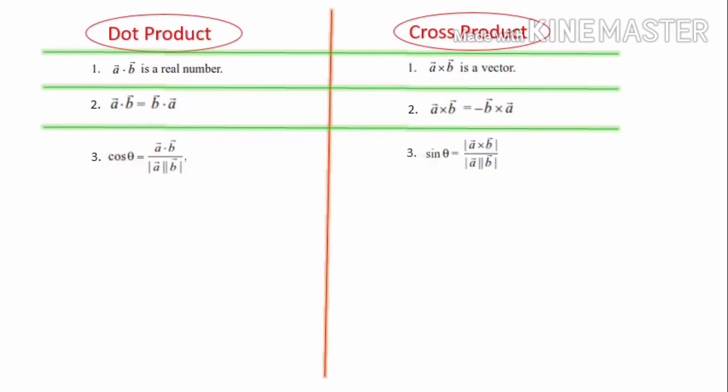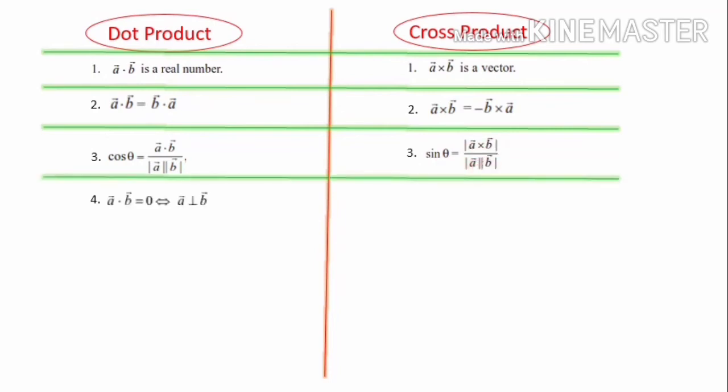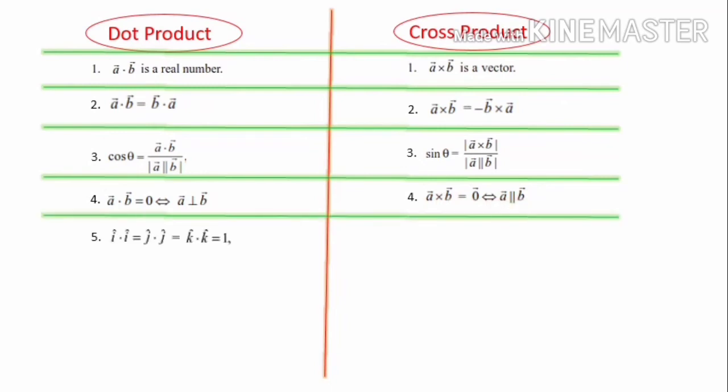In case of cross product, angle between two vectors, that is sin theta, is equal to modulus of vector A cross B divided by modulus of vector A into modulus of vector B. And the fourth point, in case of dot product, vector A dot vector B equal to 0 if and only if vector A is perpendicular to vector B. And in case of cross product, vector A cross vector B is equal to 0 vector if and only if vector A is parallel to vector B.